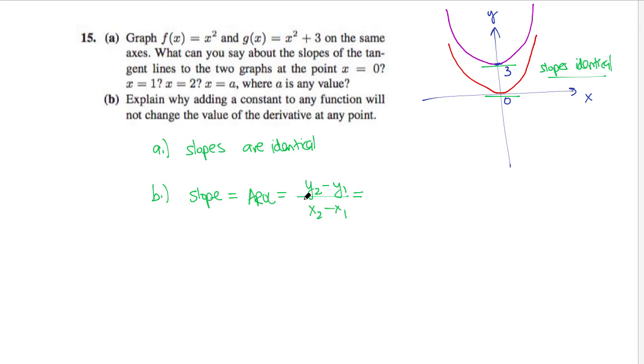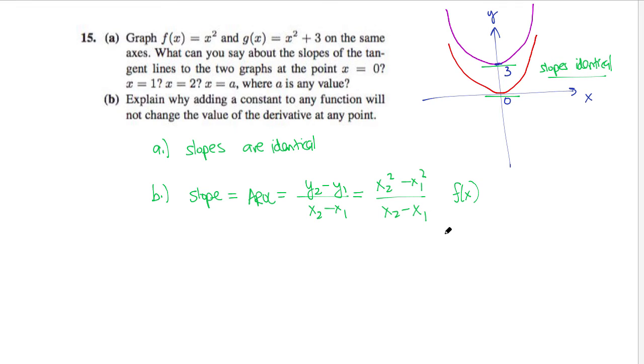And if our function involves some constant, let's look at it in this case. We're going to have x2 squared minus x1 squared over x2 minus x1. This is for f of x.